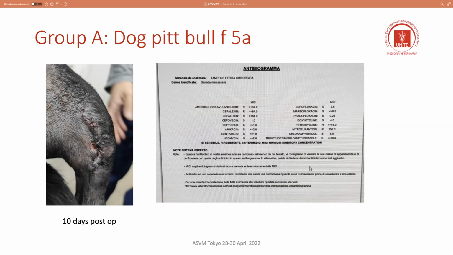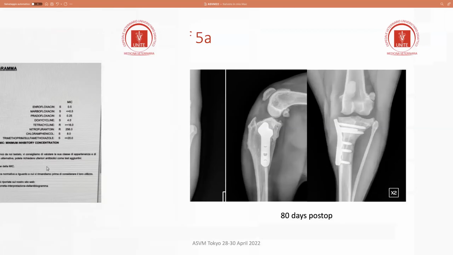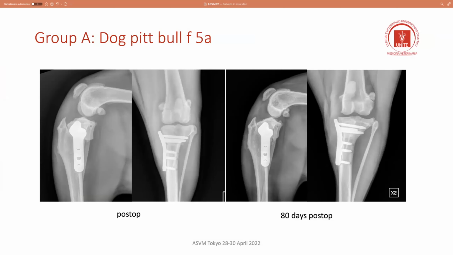This bacteria was resistant to the main antibiotics that can be used and was sensitive to enrofloxacin, which was given at a dose of 5 milligrams per kg for 15 days.